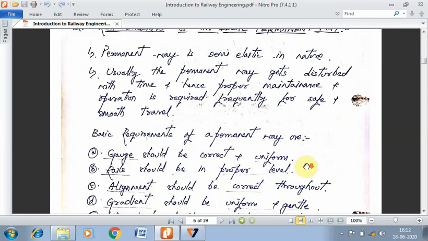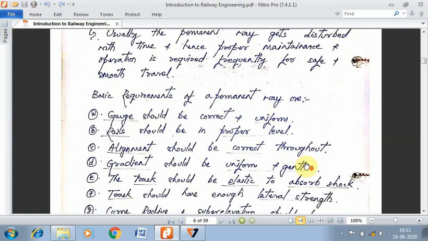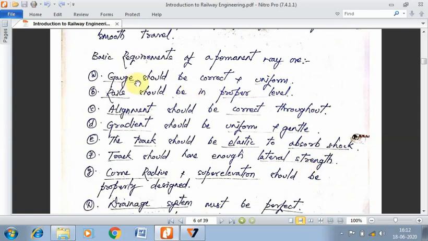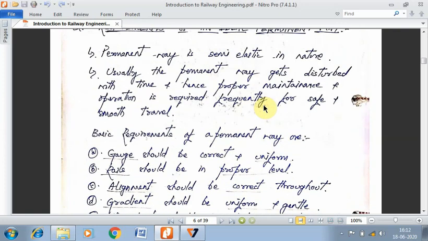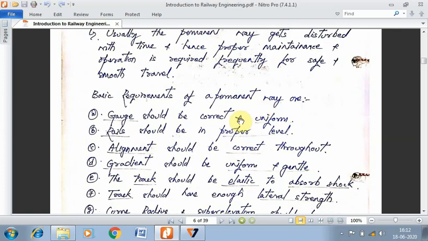Okay, so some of the basic requirements for an ideal permanent way is that the gauge should be correct and uniform. The rails should be at proper level. Both the rails, the inner rail and the outer rail, when I talk about a single track section, are expected to be at a proper level.